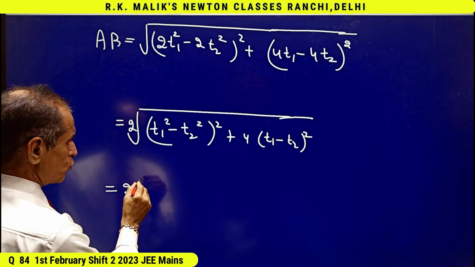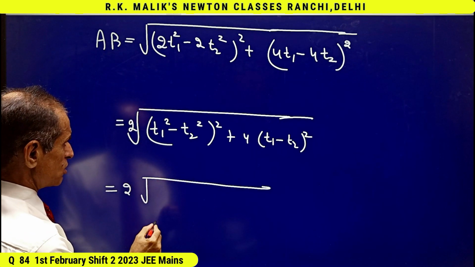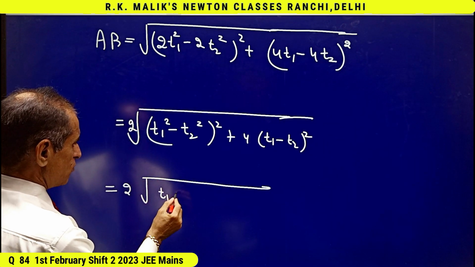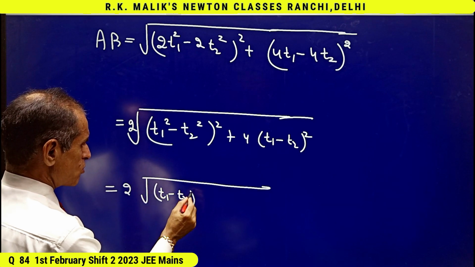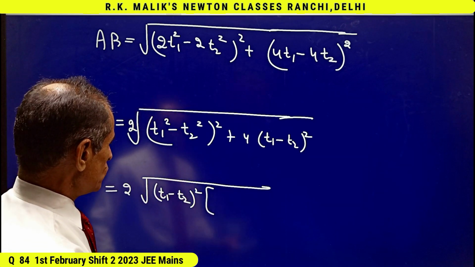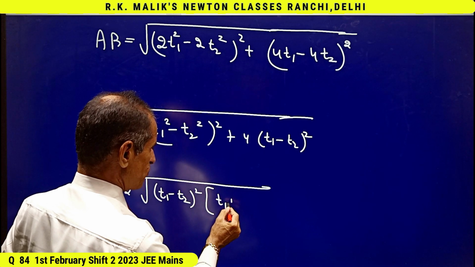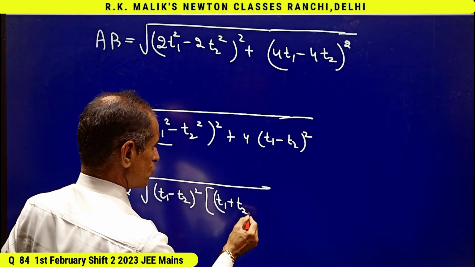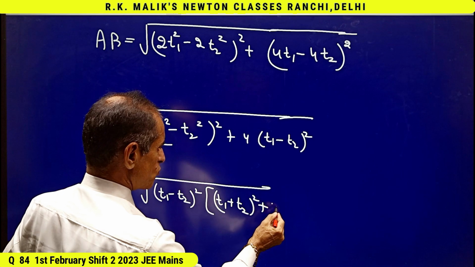That is 2 under root of T1 minus T2 whole square into T1 plus T2 whole square plus 4.